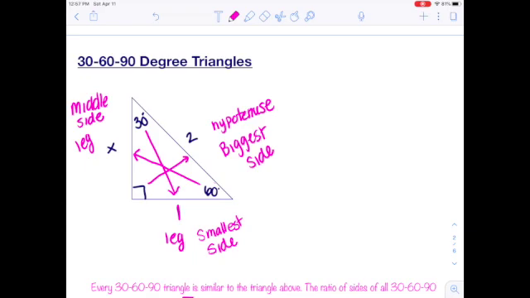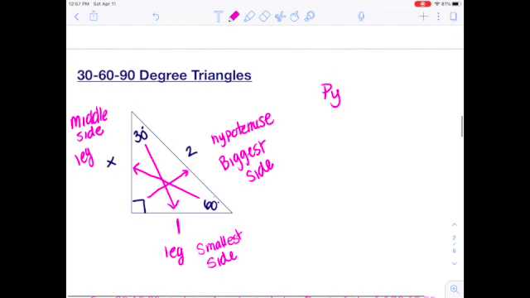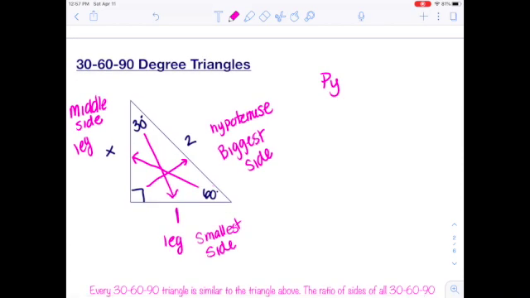So we can actually solve for this x. Let's use the Pythagorean theorem, and we'll get our ratio for our 30-60-90 degree triangle. So a squared plus b squared is equal to c squared.